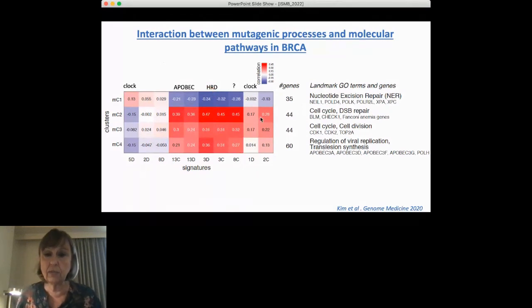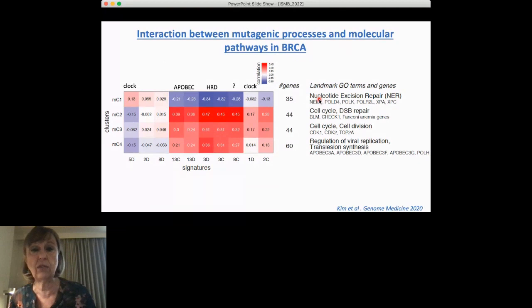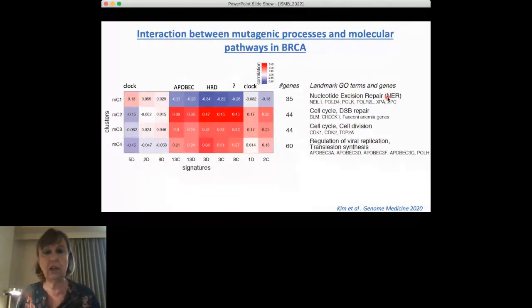Just from this clustering, we can gain at least some understanding about those two clock-like signatures, and we can appreciate that one of the signatures is associated with cell cycle, and the second signature is not. Instead, it's associated with a repair pathway, the nucleotide excision repair, or NER, pathway, which was not so clear without this type of analysis.